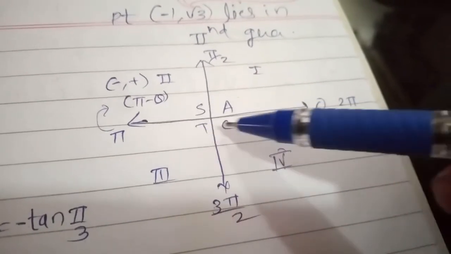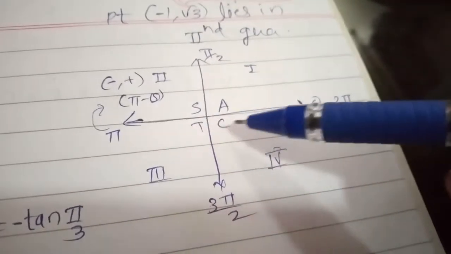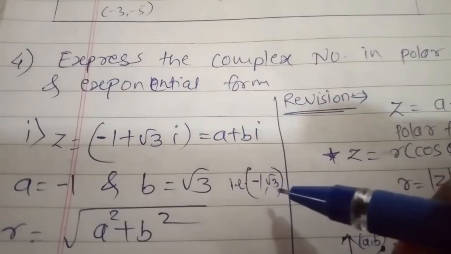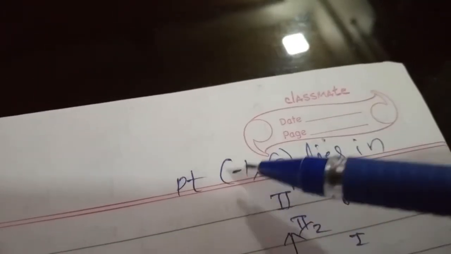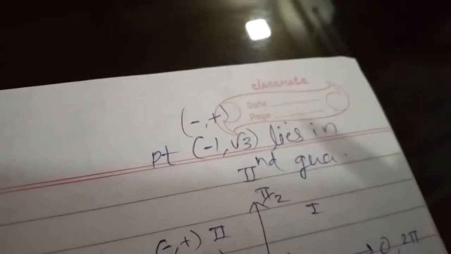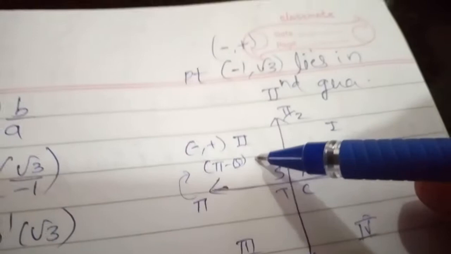All Students Take Coffee. So you already learned all about this. So my point is minus 1 and root 3. This point lies in the second quadrant, because the x coordinate is minus and the second one is positive. So my point is here.